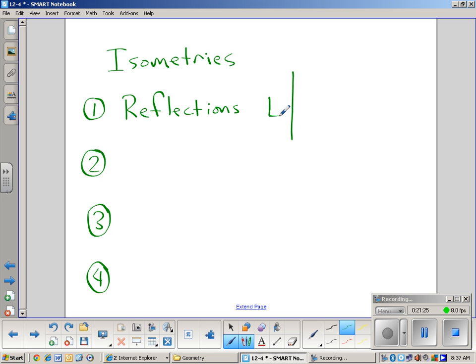And so just real simple, looks something like this, right? Okay. What was the second isometry? A slide or translation. And that looked like this.